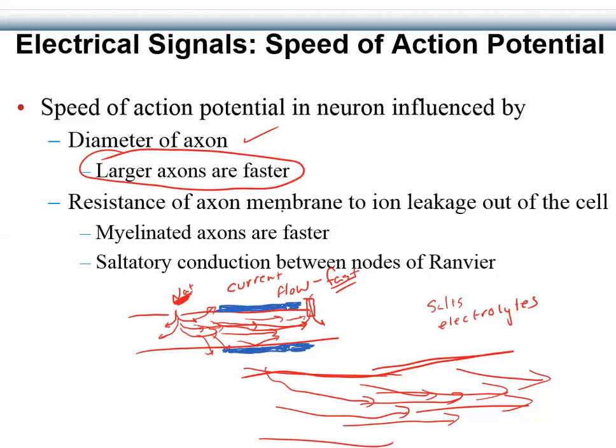And then we have more myelin. If I just draw it on the top, and then we have another voltage-gated sodium channel here. So fast current flow, and then depolarization.